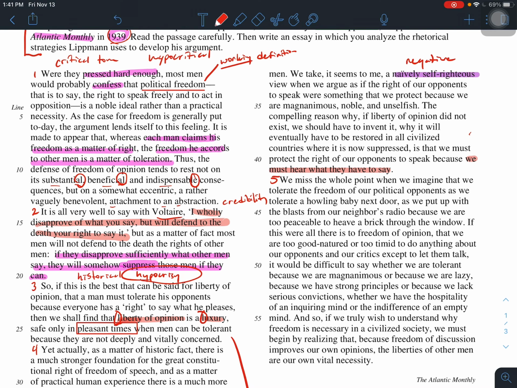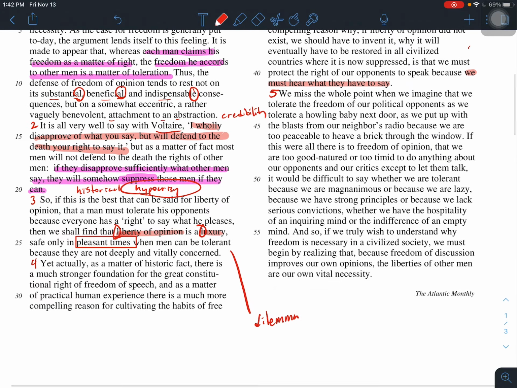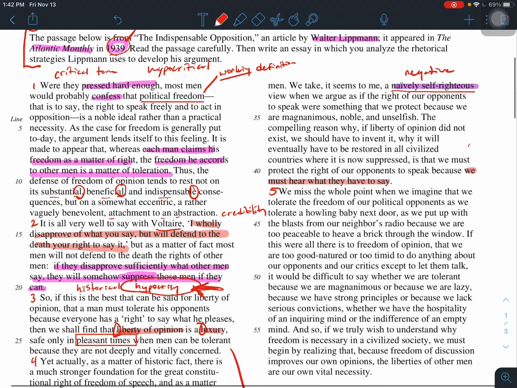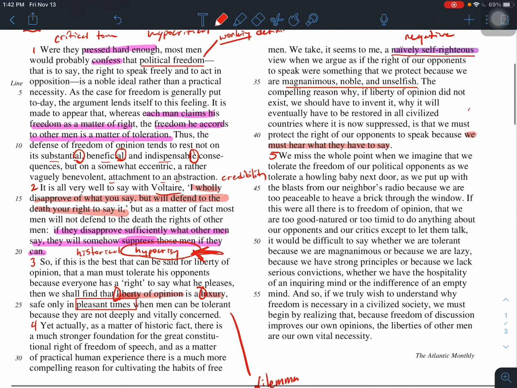And this is naively self-righteous, but also, based on the argument that he has made before, very hypocritical. And in that case, he is saying that this is not true, that people who say that they are protecting others' right to speak because they are magnanimous, noble, and unselfish, may not be the case.